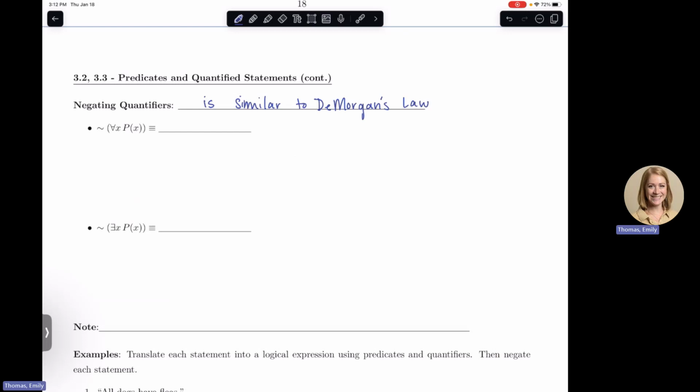Okay, so it is similar to De Morgan's law in that you sort of distribute the negation and flip the sign. So you're going to flip the quantifier. So when we distribute this, it's going to flip this quantifier and make it a there exists. And then you're going to negate the predicate. So there exists an X where this thing is not true.